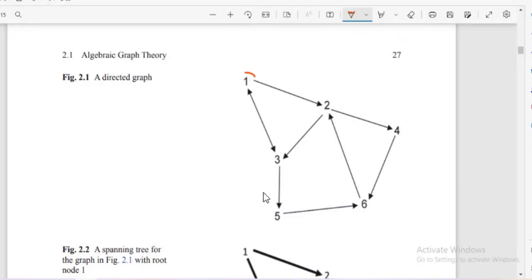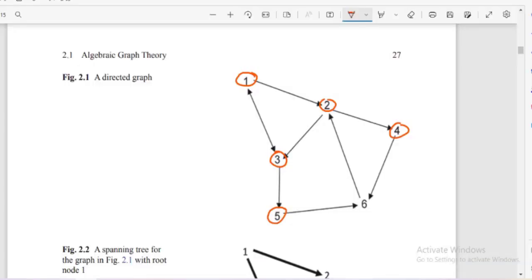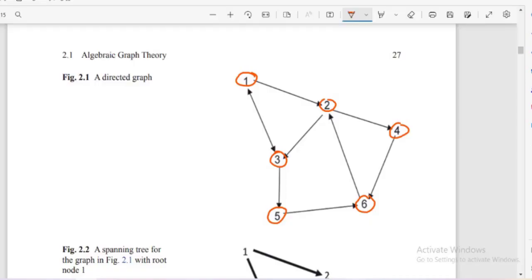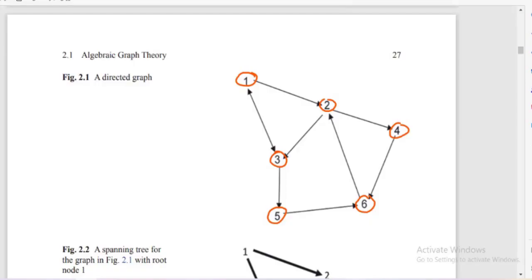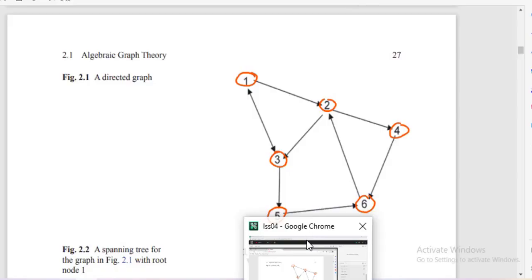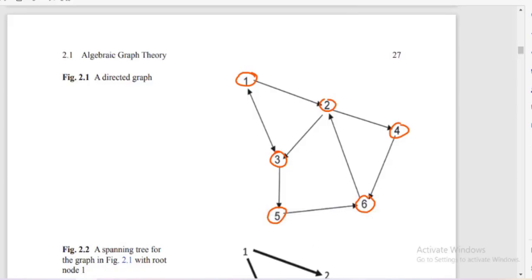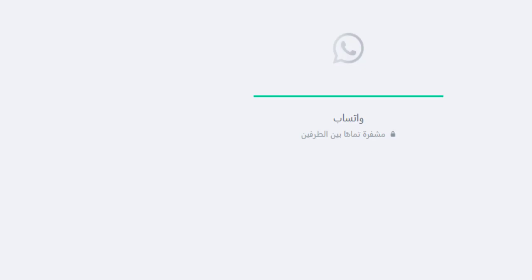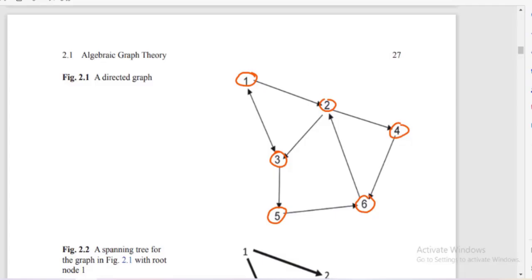We have node 1, 2, 3, 4, 5, and 6. A tree should contain all these nodes and connect these nodes together.